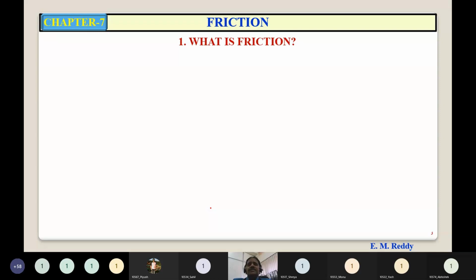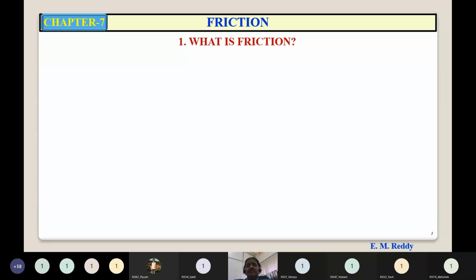So friction is the property of the surface of the body by virtue of which it offers resistance to the relative motion or impending motion of the body. This force which opposes the motion of the body is known as friction force. The direction of friction force is always opposite to the direction of motion of the body or opposite to the direction of impending motion of the body.